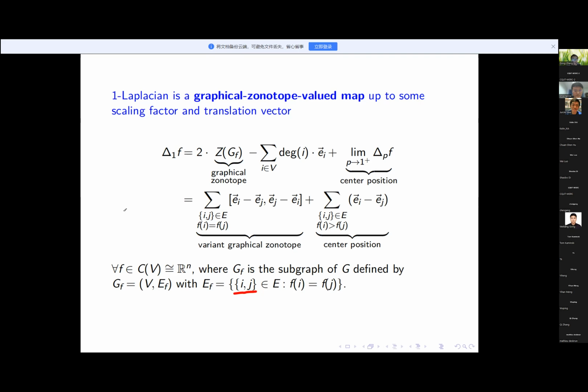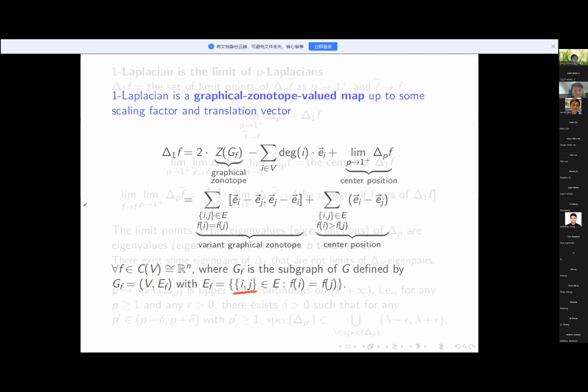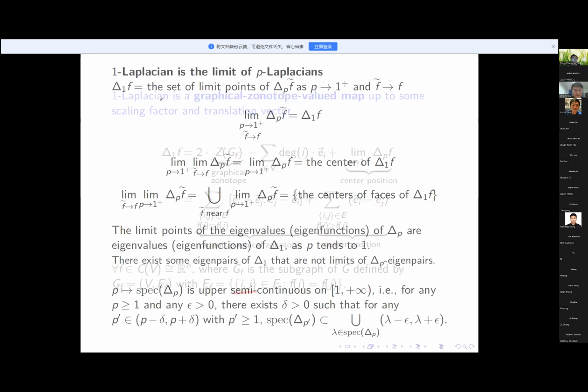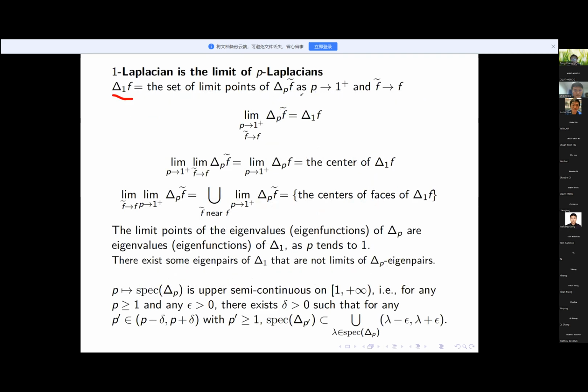Of course, the 1-Laplacian can be seen as the limit of p-Laplacians. Precisely, Delta_1 acting on f is the set limit of the p-Laplacian acting on f tilde as p tends to 1 and f tilde tends to f.